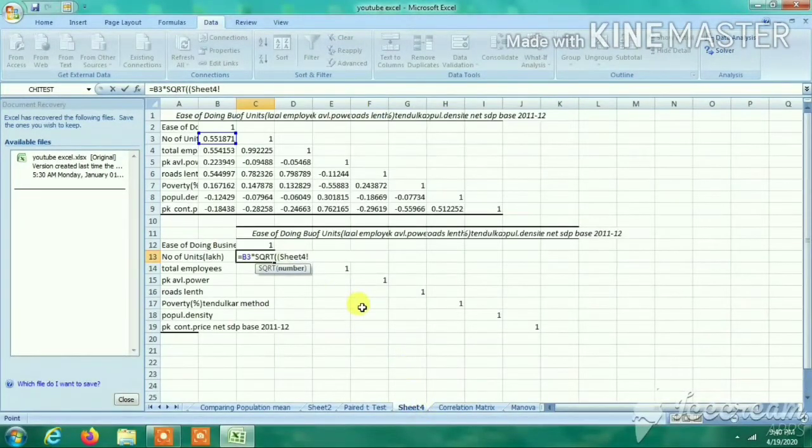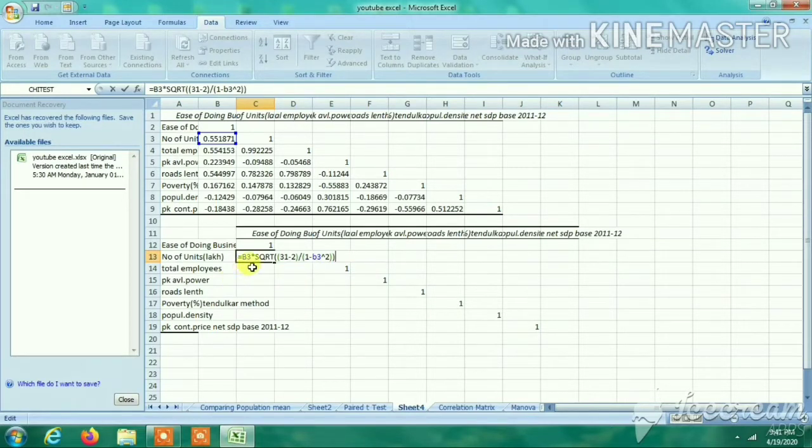So on Sheet 1, here we have to write n minus 2, that means 31 minus 2, bracket close, divided by, again bracket, 1 minus r square, where r means B3 squared, bracket close, double bracket close.